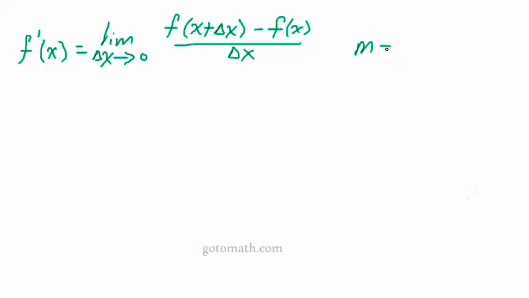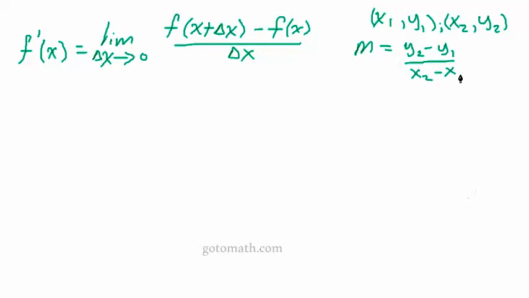If we were to let m be the slope of a line and we had 2 points, for example, the point x1, y1 and x2, y2, and we want to find the slope of the line that passes through these 2 points. Well, remember, that slope formula is y2 minus y1 over x2 minus x1.